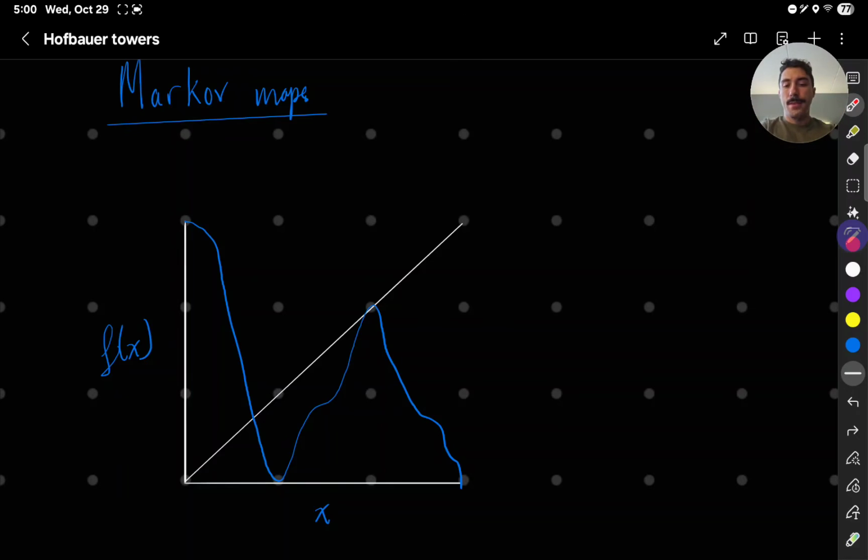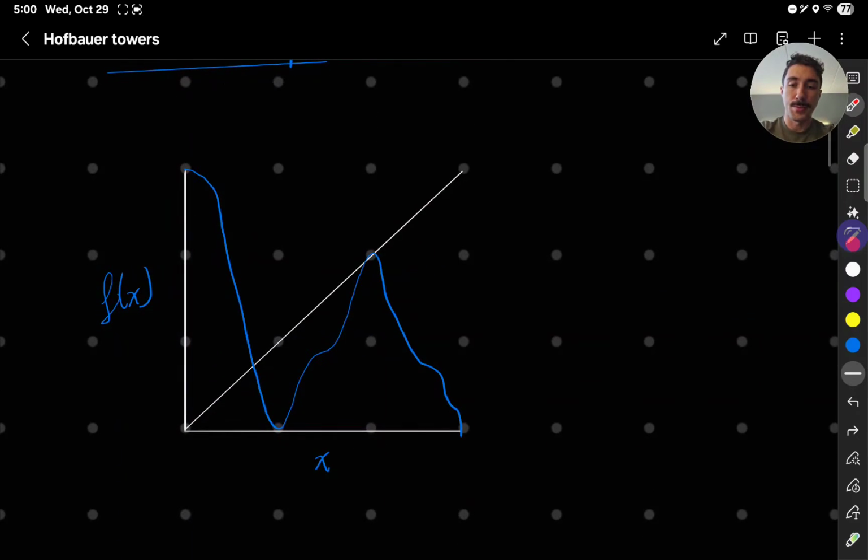Now, I can also think of the laps of this map. So we have 3 laps because we have 2 critical points. So lap 1, we'll call that I1. Lap 2, we'll call that I2. And then we've got lap 3, I3.